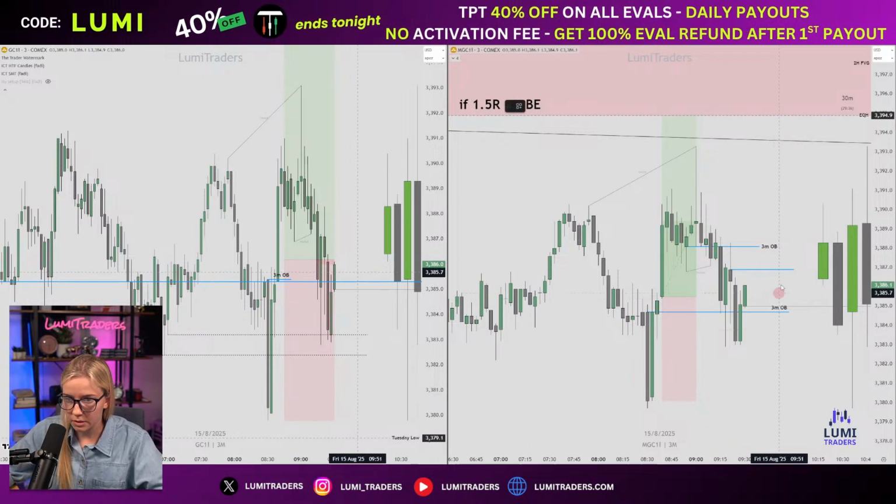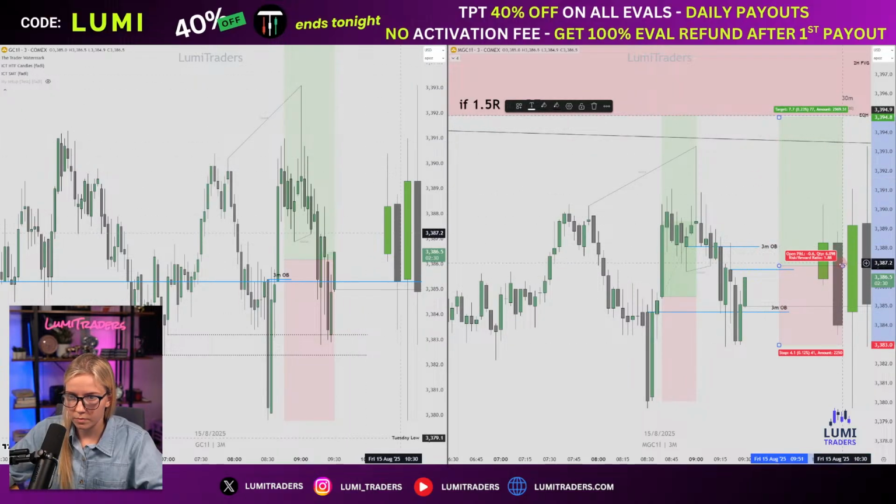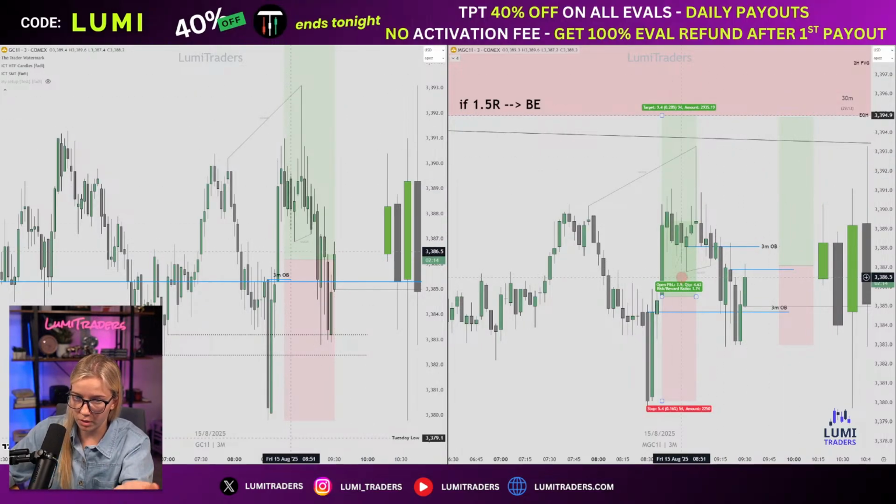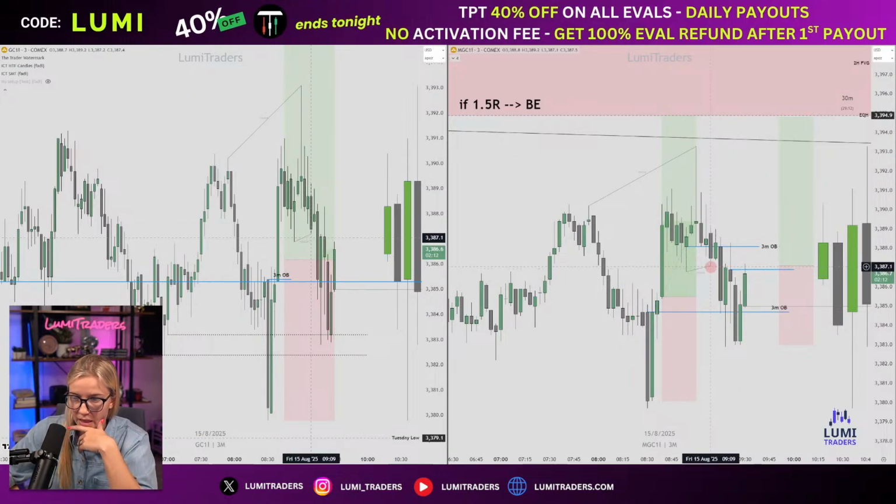Maybe something like this. No, not in the trade. I need to get the closure, like a 3-minute order block, long to equal highs. I wasn't in this long initially, but it stopped me out at break even.